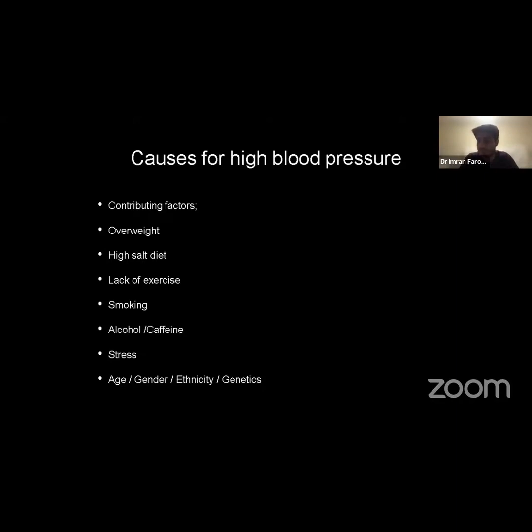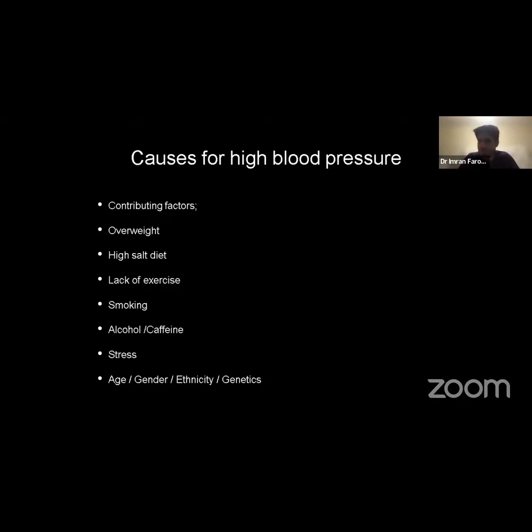If we have too much salt, then what happens is our blood vessels tend to draw extra water into the blood, and that increases the pressure in the system. Not exercising, smoking, drinking alcohol, drinking too much caffeine. These are all other contributors to raising our blood pressure, and also stress as well.